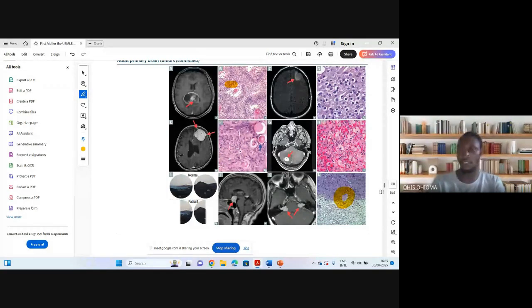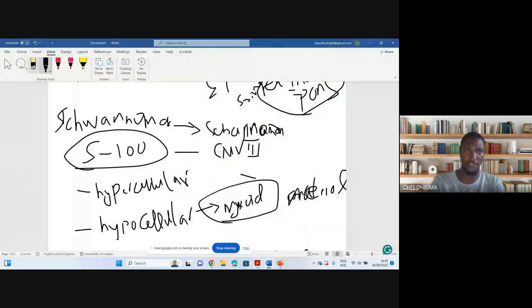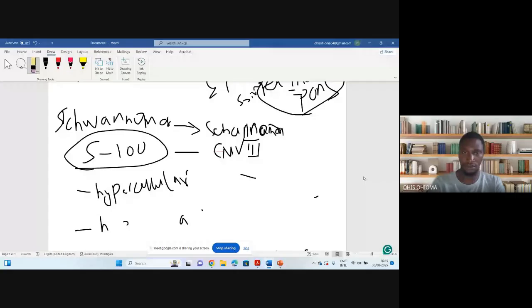So the optic chiasma is something like this. Let me draw it so that you can have an idea of how it looks like. This is kind of the retina. This is the two retinas. And then one part comes this way, and one part comes this way.